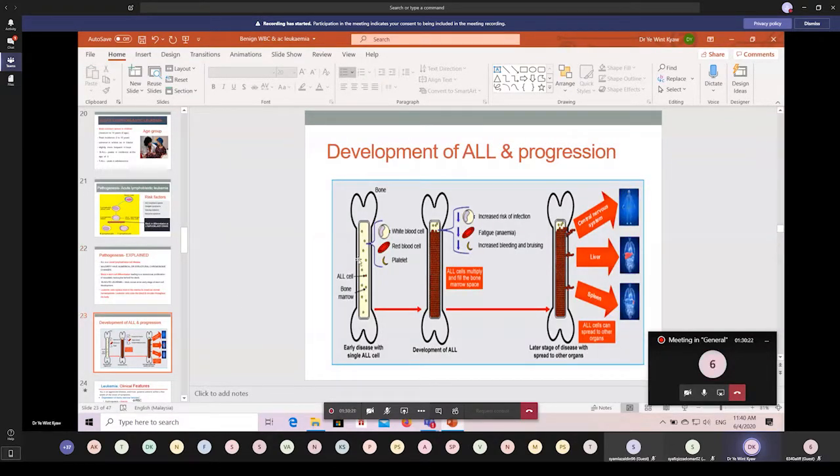This causes anemia and increased bleeding. It can also spread to the liver, spleen and central nervous system.